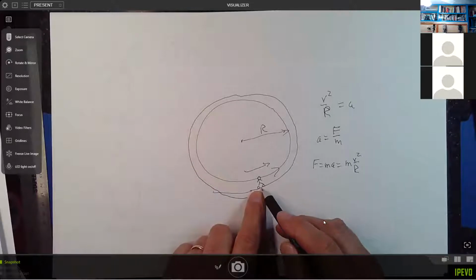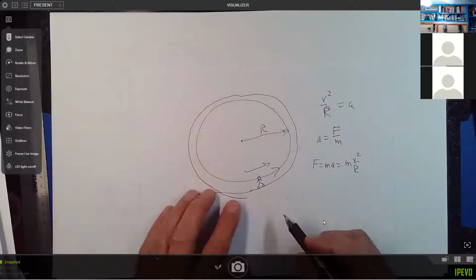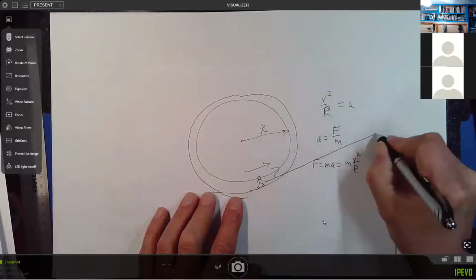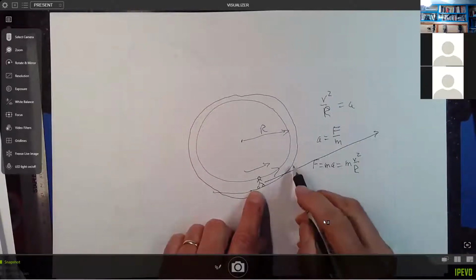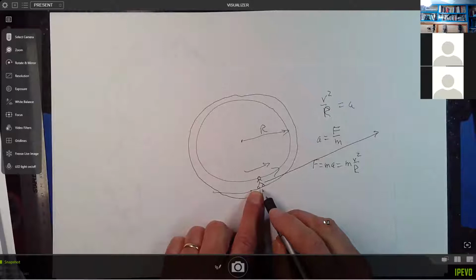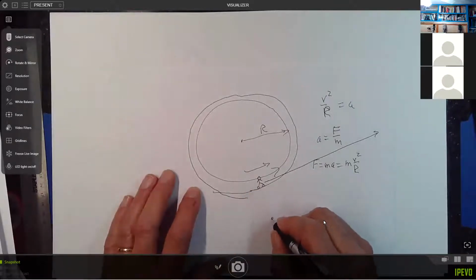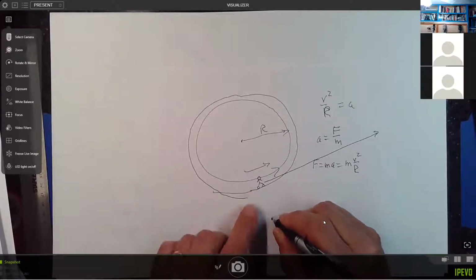And what provides the force that generates the acceleration that they experience is the contact force between their feet and this outside wall. If that wall wasn't there and they were moving at that speed v, they would move in a straight line with constant speed. Okay? It takes a force to make them travel in a curved path, and that force is provided by the normal force. So if you look at them there, the forces that are acting on them, actually, there's one.